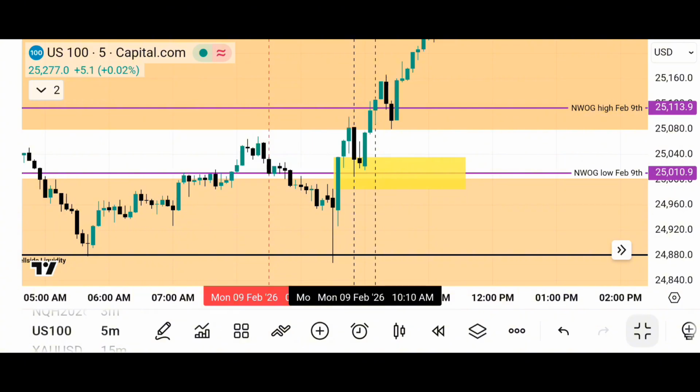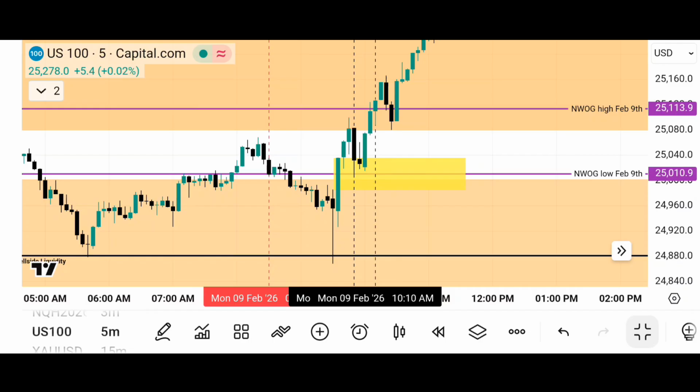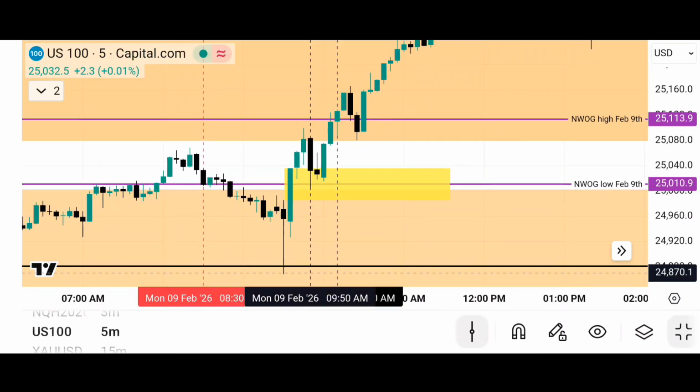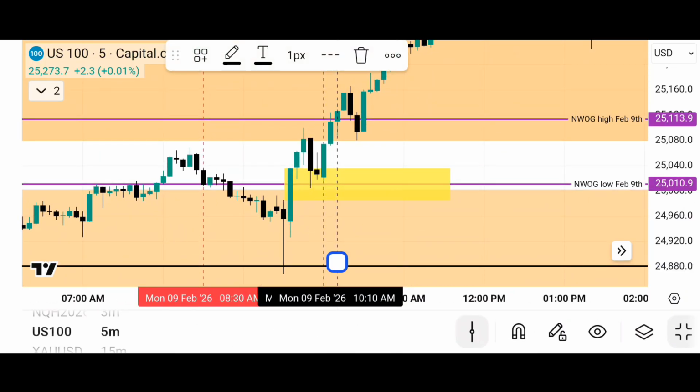Once you start to see this repeat in price on different back tests, you get to understand how price makes use of this time range and time window. It also gives you more confidence and more confirmation to go into a trade, and to know where the trade is likely to run to. So this is the silver bullet time window, from 10 a.m.